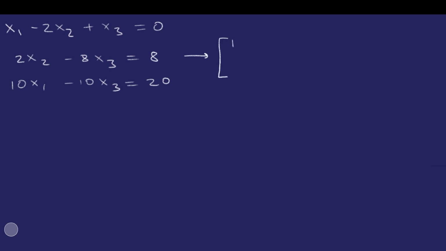We are just going to put the coefficients. Exactly. So 1, -2, 1, 0. Then 0, because the coefficient of x1 in the second equation is 0, right? Yeah. 2, -8, 8. And then 10, 0, -10, 20. I'm going to put a little line here to signify where the equal signs are.